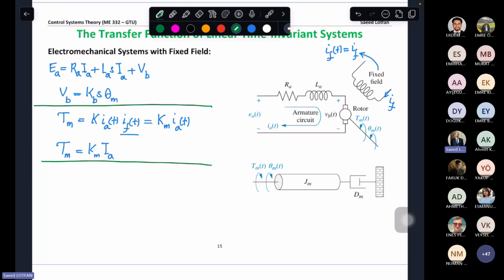Another relation comes from the mechanics. That is, the Tm as the torque is being used by some load, T of load. And this load here, we are showing it as JM S2 plus DM S theta M. Okay.